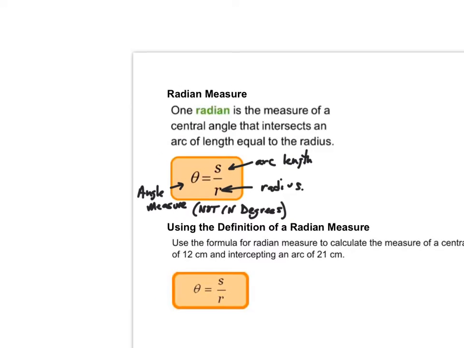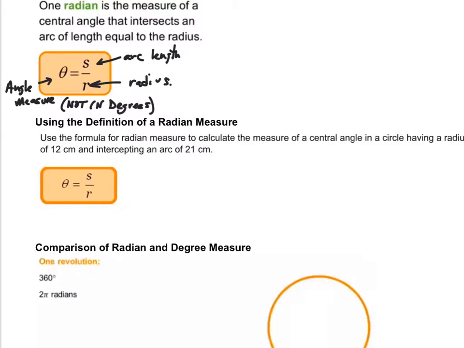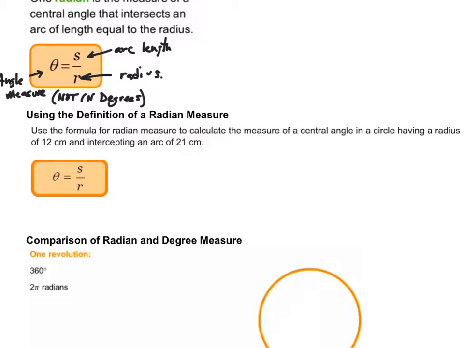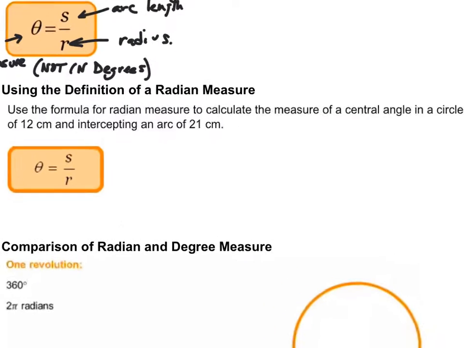Let's use the definition of radian measure. Using this formula, we calculate the measure of a central angle in a circle having a radius of 12 centimeters and an intercepting arc of 21 centimeters. Let's do this real quick.